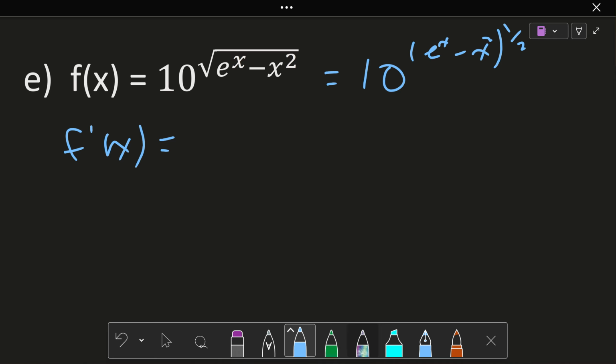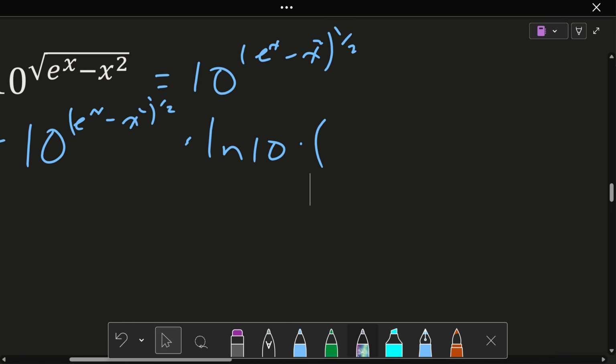So what does my exponential derivative look like? It's: write your function down, times the ln of the base, times the derivative of your exponent. So I'm going to write it down, times the ln of my base, times the derivative of my exponent.